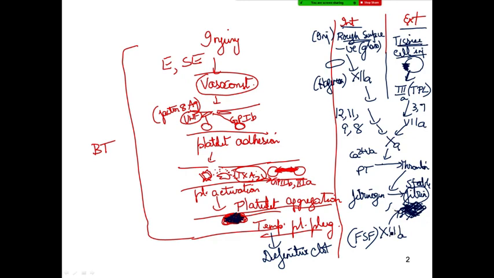It does not activate anything. The other clotting factors are responsible for activating the next factor also. Factor 13 forms covalent bonds between the fibrin that is formed, so it helps in making the fibrin strong. That's the main function of fibrin stabilizing factor 13.